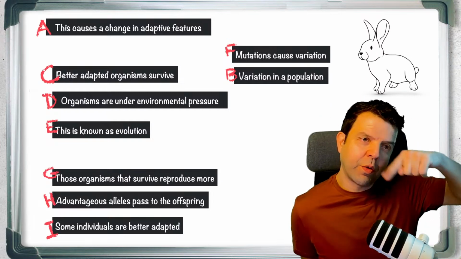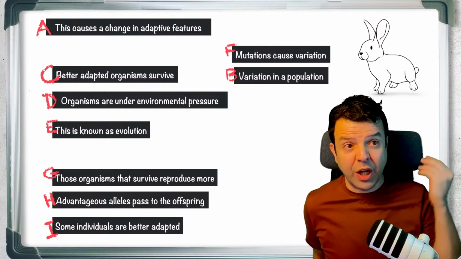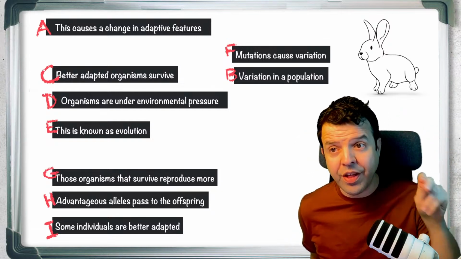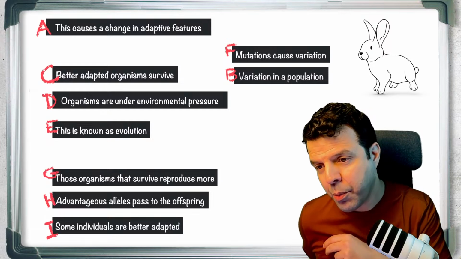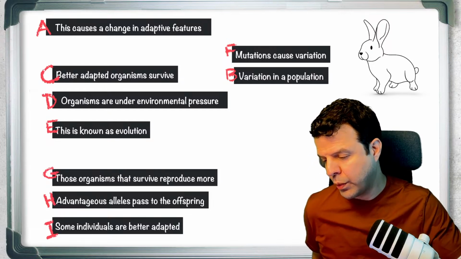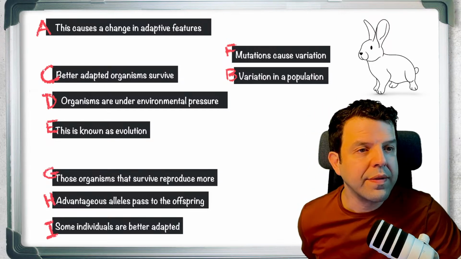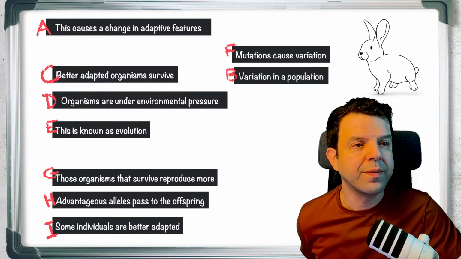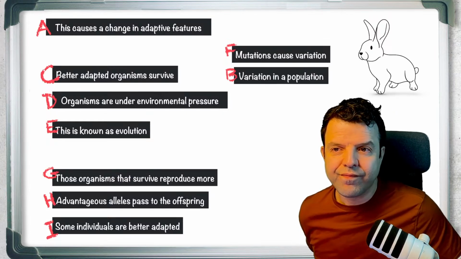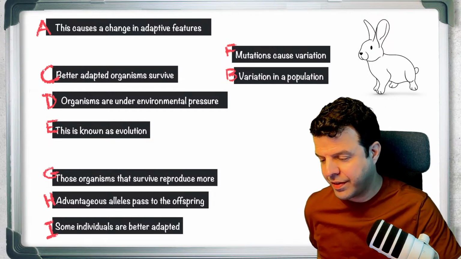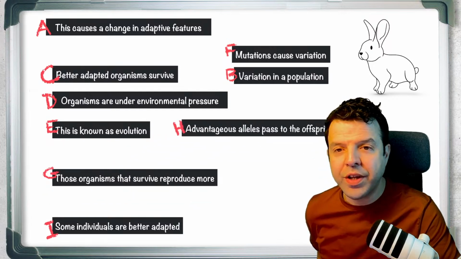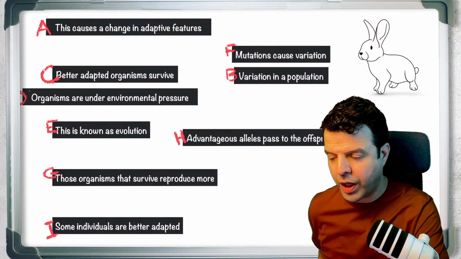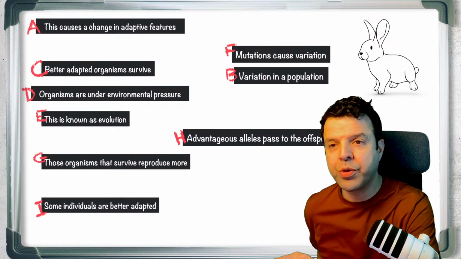We check the context of the question, and we find what could be the selection pressure. So I would go for what? Can someone try? Advantageous alleles pass to the offspring. So advantageous allele, I mean like the white fur passes to the offspring.